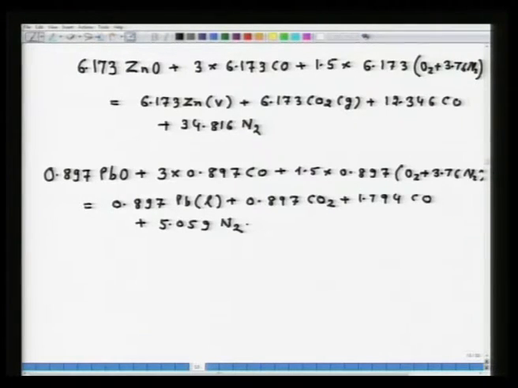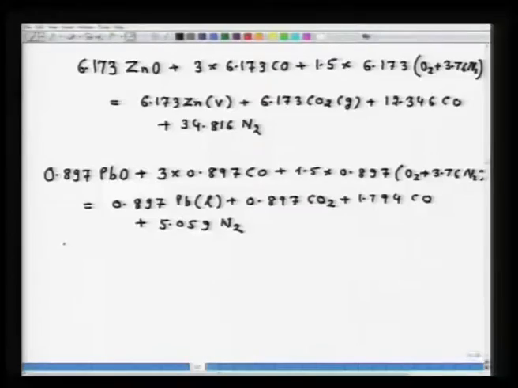So, these are the reduction equations. And there is no other component which is being reduced from the charge. The reducing components are ZnO and PbO; the rest, FeO and SiO2, directly form the slag.